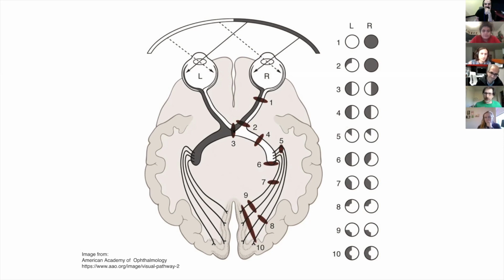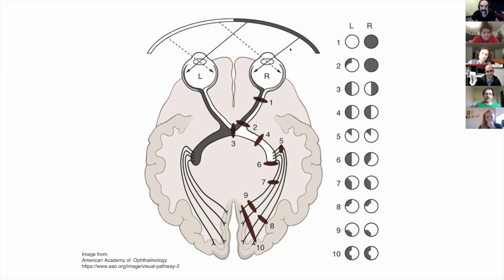So the projections from the nasal retinas cross, and if you cut them, in the contralateral side you don't see that portion. So basically, when you cut the crossing fibers, and those are the nasal fibers, right? What was crossing from here?